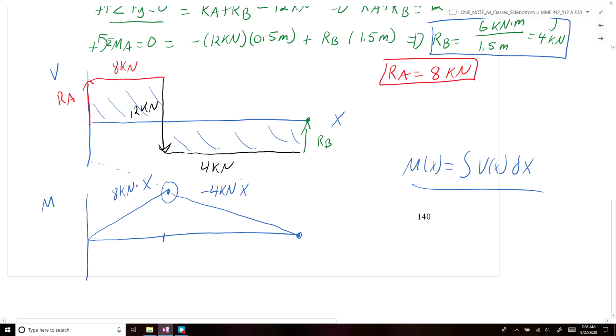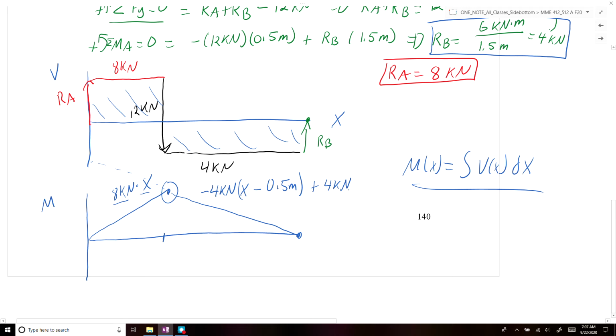So it would be minus 4 kilonewtons times x minus 0.5 meters, plus whatever the value is at this point. If we plug in 8 kilonewtons times x, where x is equal to 0.5, that would be equal to 4 kilonewtons.